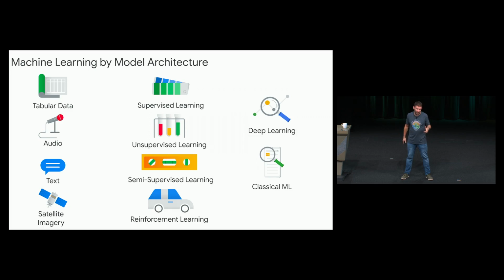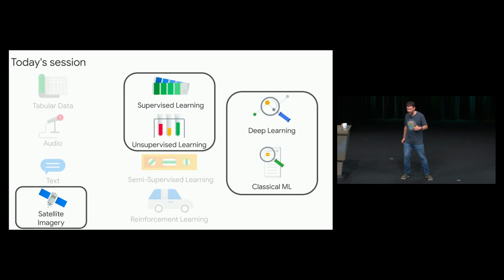And so we're also going to talk about classical machine learning methods, which utilize less expensive model architectures. So this is the "you are here" slide for today. We're going to be focused on satellite imagery, talking about both supervised and unsupervised learning. And we're going to talk about both deep learning and classical machine learning.